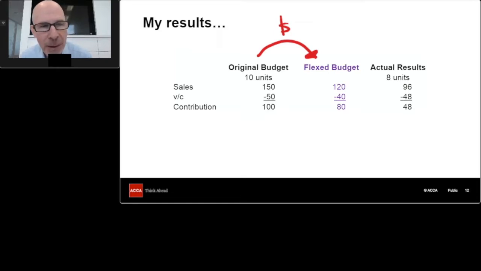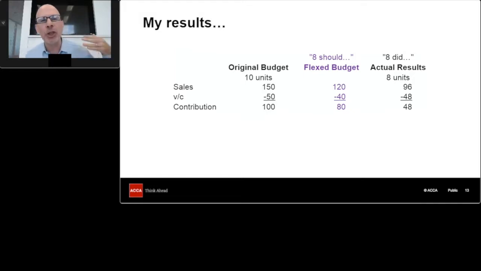Flexed budget, if you remember, it takes the monetary values from the cost card, okay? Then we take the actual amounts from the results. And with a flexed budget, we can then answer the question, 8 units should cost and should earn of revenue and did. So friends, look at that. Using the flexed budget approach, we can now have a meaningful review process, and we can now say, oh, look at this.